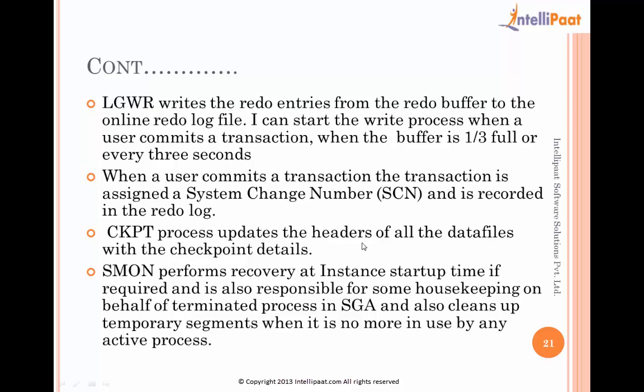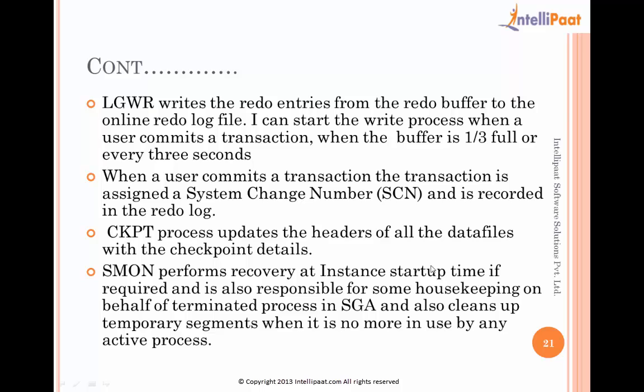Checkpoint process updates the headers of all the data files with the checkpoint details. These headers of the data files are applied along with the control files, and this information is what is used while you start the database to find out if the database is in a consistent state and a recovery is not needed to bring the database back to a consistent state.